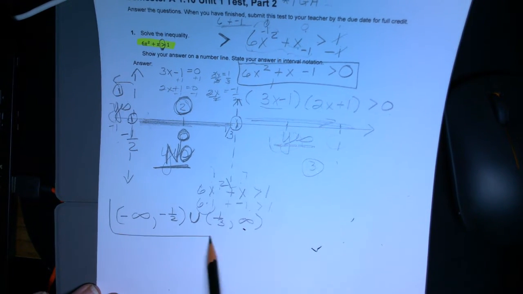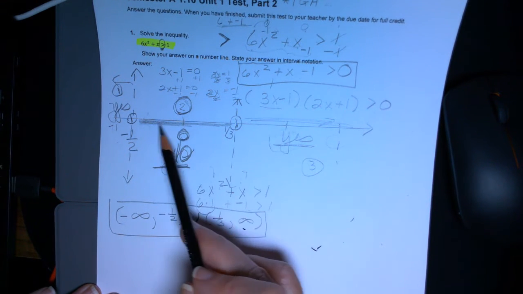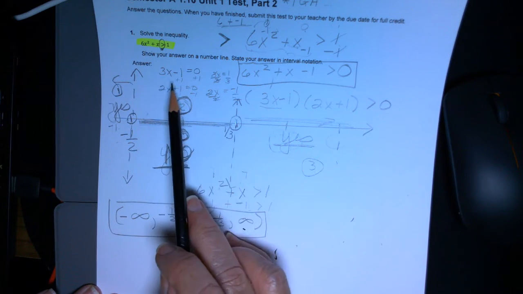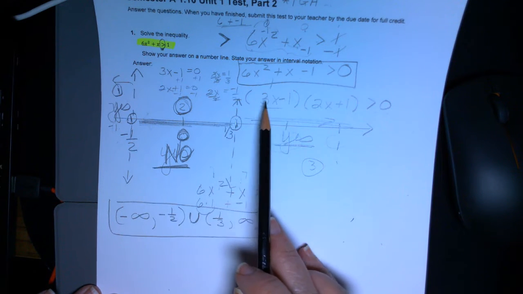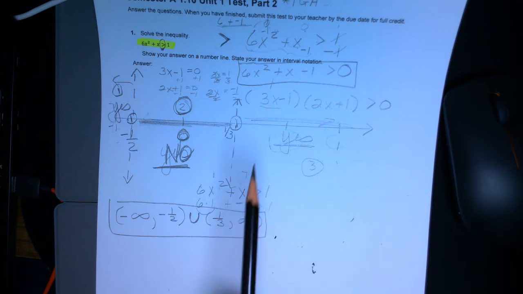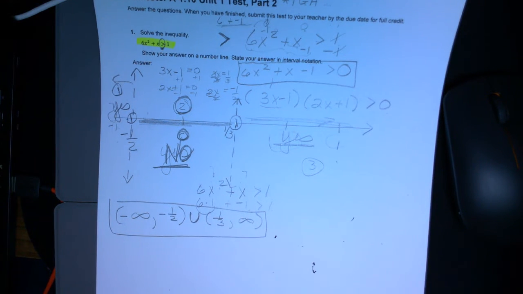So this is our answer on the number line, where we've checked each value in each of those three sections by factoring this, putting everything on the left, finding points of interest, and then checking those numbers out. All right, so this is our answer, and those are the points on the graph.